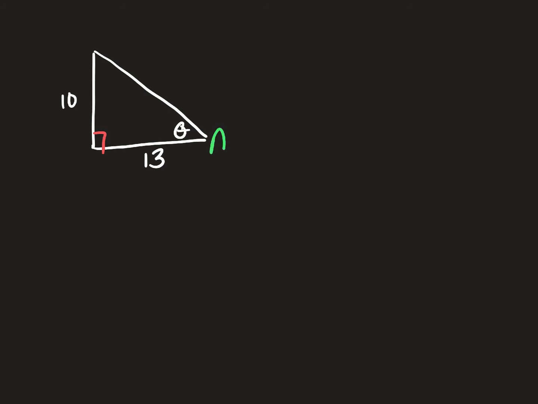So we're looking for the measure of angle A. So rather than make it harder on yourself and find the hypotenuse, look at your reference angle, look at the two sides you have. So we have 10 is the what side? Opposite. 13 is? What trig function is opposite over adjacent? Tangent. So you're going to set it up as tan theta equals 10 over 13.